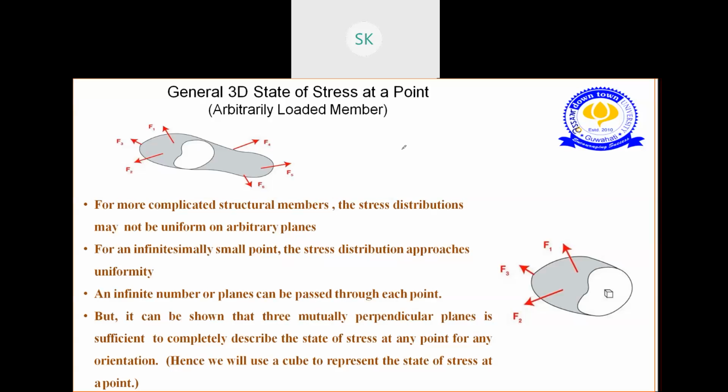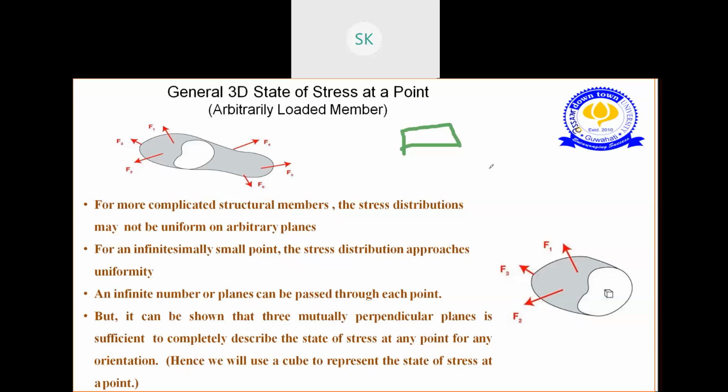This was our section. I cut in some transverse direction. Forces were acting. This was the shear stress, and this was the normal stress. We assumed that stress in all directions is the same.